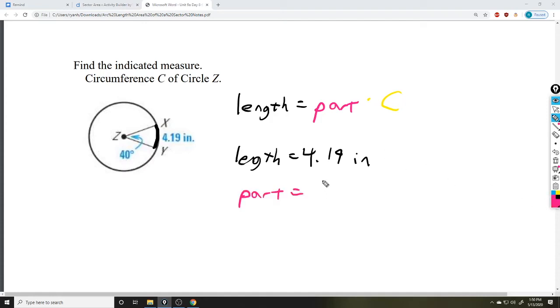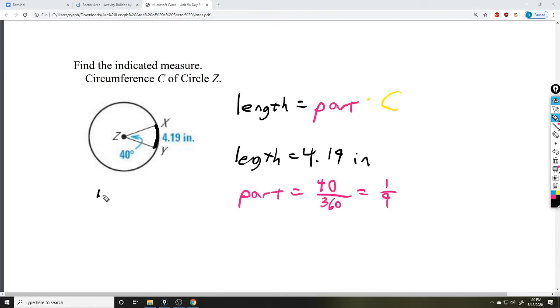To figure out our part, we're going to take our central angle, which is 40, same way we've done before. We're going to divide it by 360. And if you simplify it out, that comes out to be 1/9. So this is 1/9 of the total circumference. So now we're going to put those numbers in.